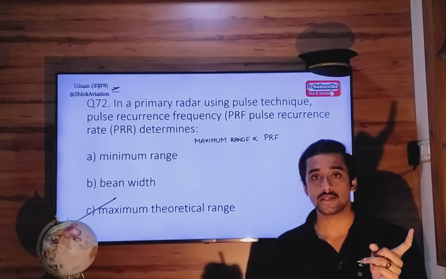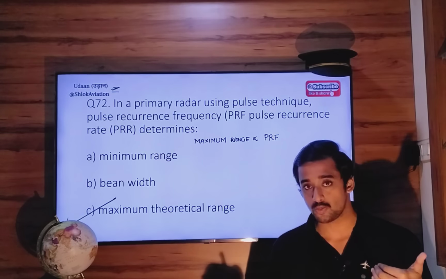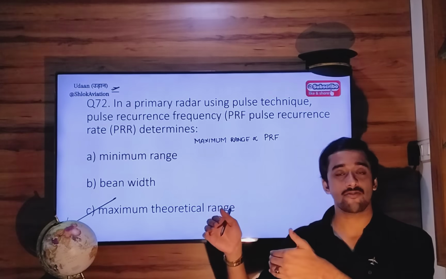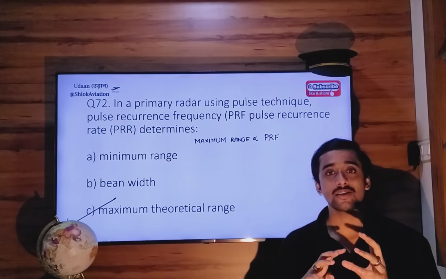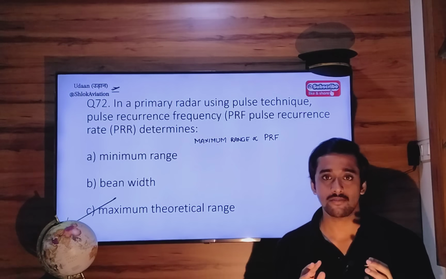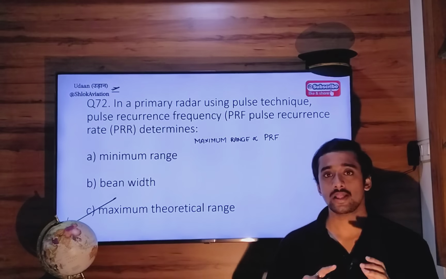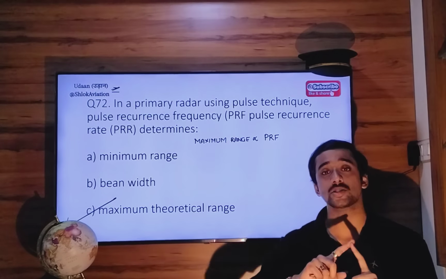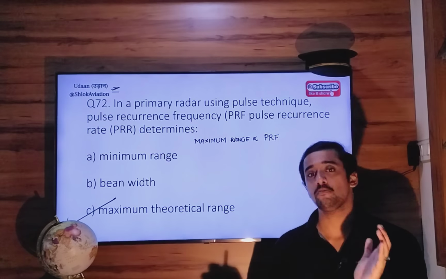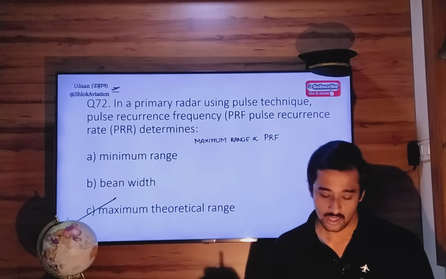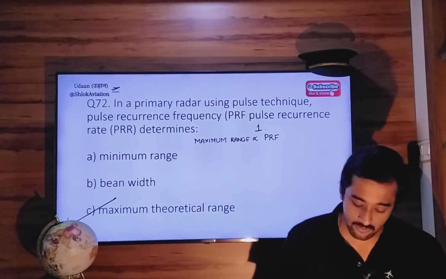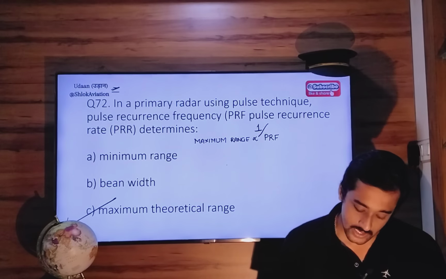If you send a pulse just after sending the previous pulse, even before that previous pulse goes to the target and gets reflected from it, there will be confusion between these two consecutive pulses. So there must be sufficient time space between two pulses such that the first pulse goes to the target, strikes it, and comes back. After that, you send a new pulse in the direction of the same target. So maximum range is inversely proportional to PRF.